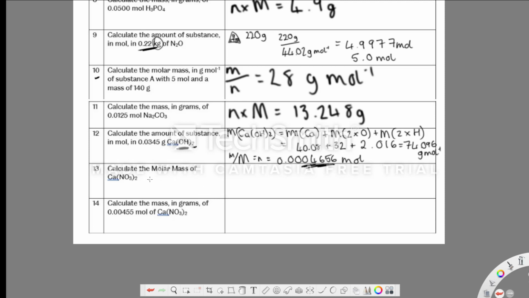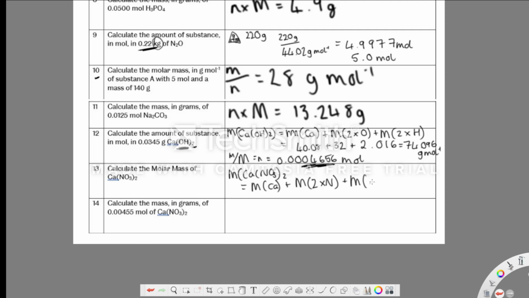There we go. Again, in this one, so we have got the molar mass of Ca(NO3)2. What we are asking for here is molar mass of Ca plus molar mass of 2 times N. Now we've already got 3 oxygens, but now because we have got 2 on the outside of the brackets, everything on the inside of the brackets gets multiplied by 2.